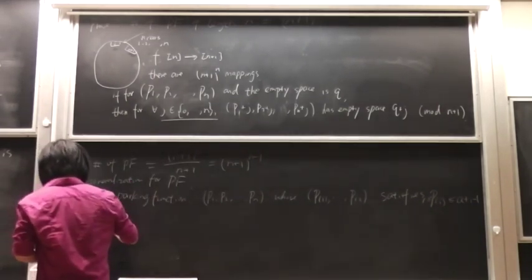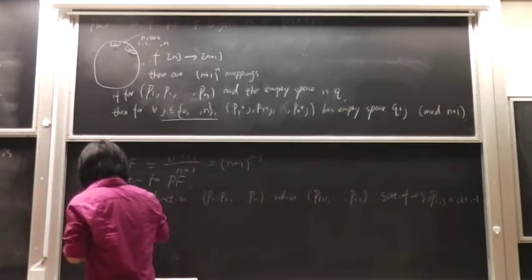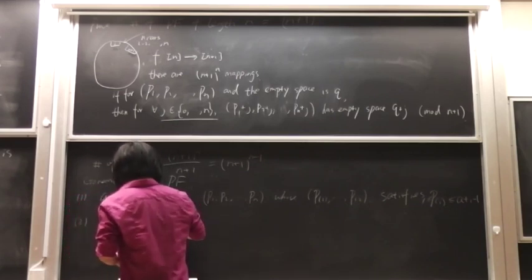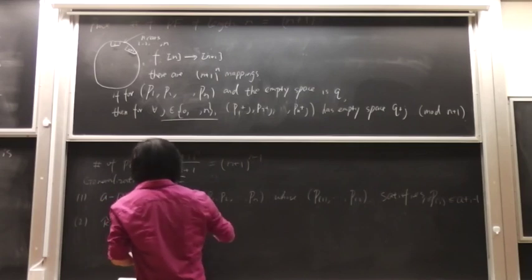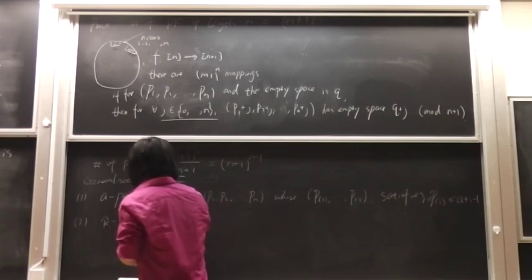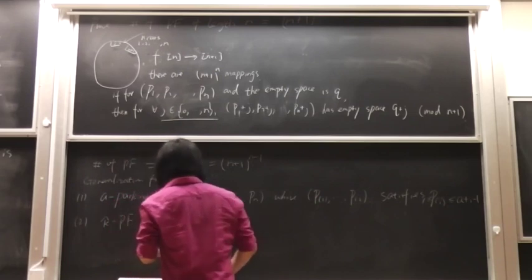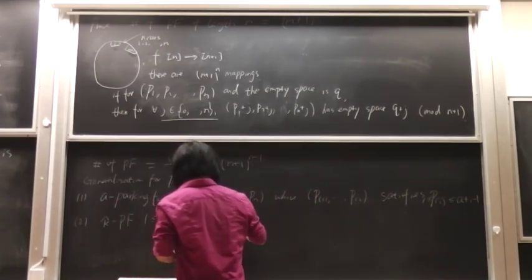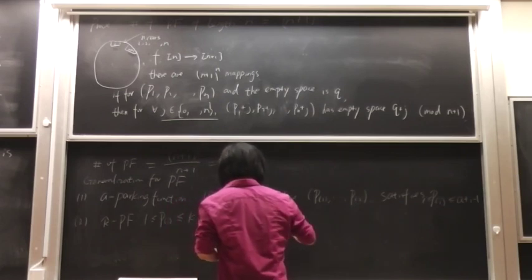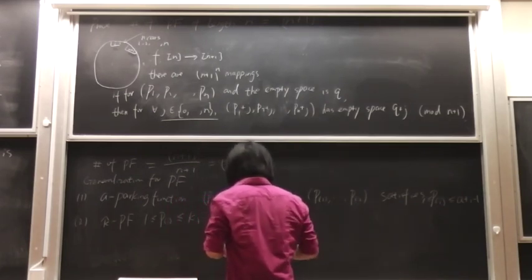And then we can see the k parking function. For this case, the non-decreasing sorted version satisfies pi less than ki. And here the number is k to the n times n plus 1 to n minus 1.